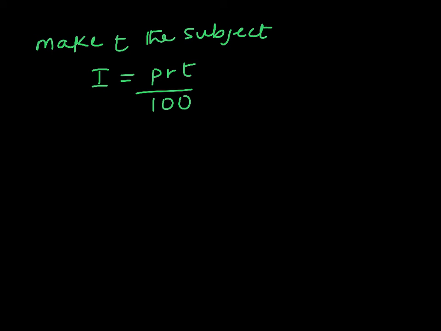So I, which is interest, is equal to principal times rate times time divided by 100. So what do we do? First let's write this as I over 1, turning it to a fraction, is equal to PRT over 100.